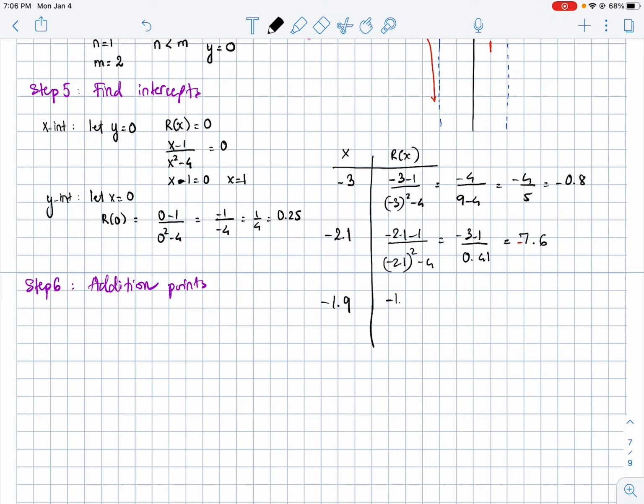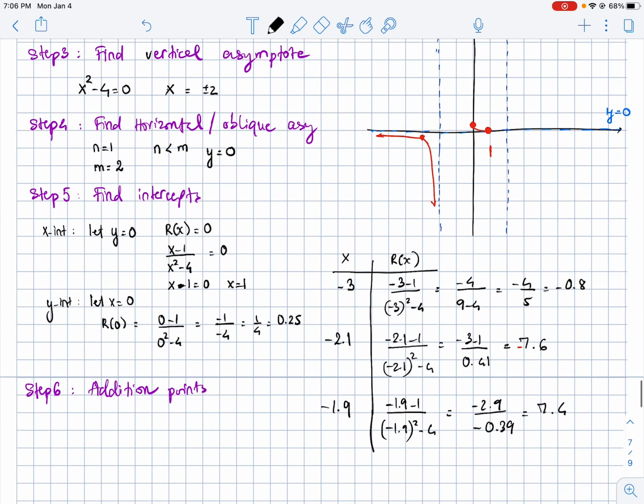Then -1.9 minus 1 divided by -1.9 squared minus 4. In the bottom, you get negative 0.39, and then we divide. So you got the answer is 7.4.